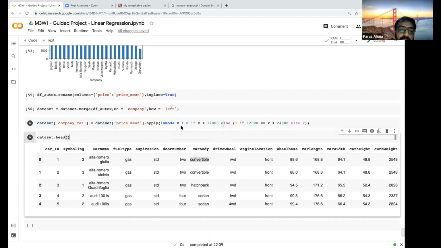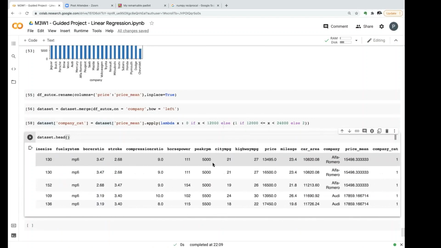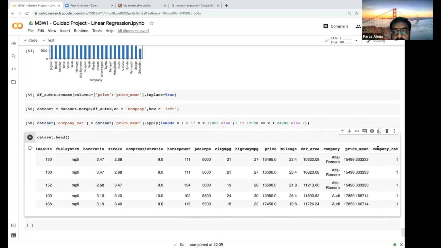So that company category ideally should be converted into one-hot encoding, right? That's what you mean, right? Yeah. Right. So that should be converted into one-hot encoding, ideally, right? Because we should either pass 0 and 1, right?